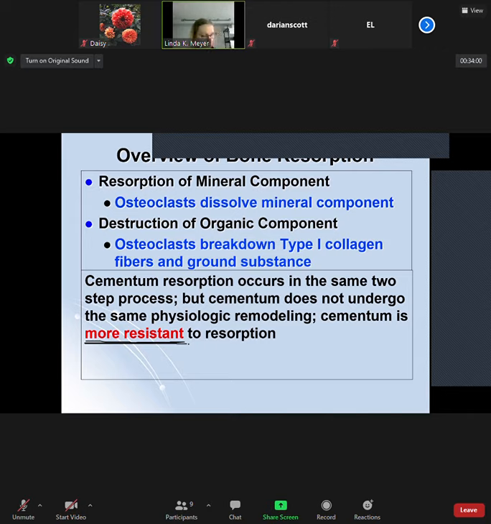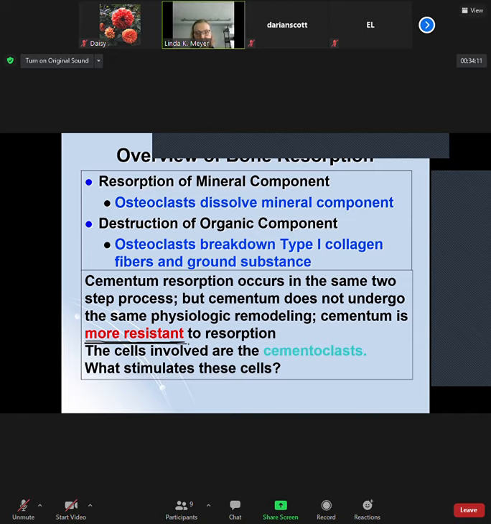When it does resorb, remember, it's the cementoclasts. And then what stimulates these cells? Again, as I've previously mentioned, it's the eruption of succedaneous teeth. It triggers cementoclasts to destroy the root of the primary tooth during the exfoliation process.